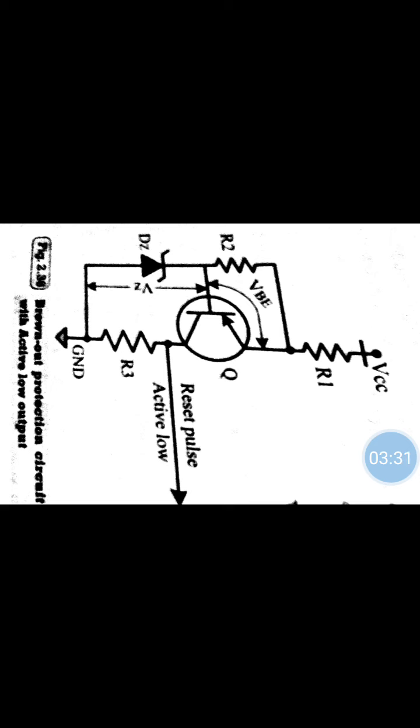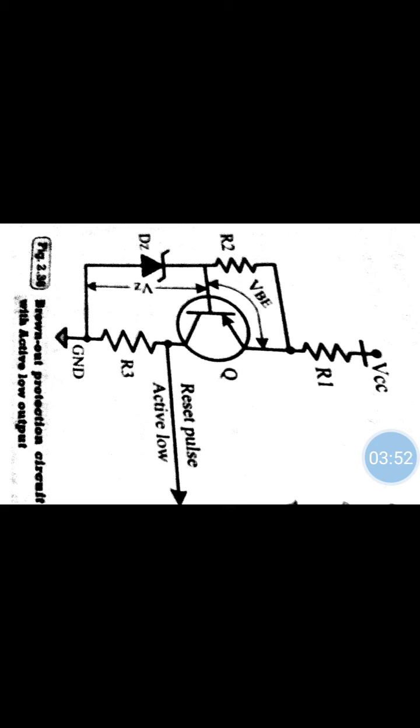Now, when the supply voltage VCC is greater than the sum of VBE and VZ, that is voltage across Zener diode and voltage across base and emitter, then the transistor conducts.